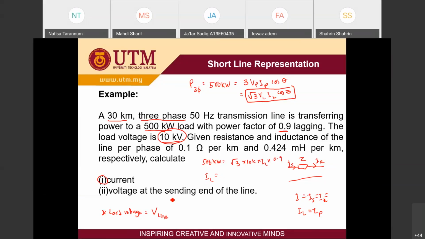So your I line is around 32 ampere. So this is I line. And what is your I phase? Your I phase is also 32 ampere.